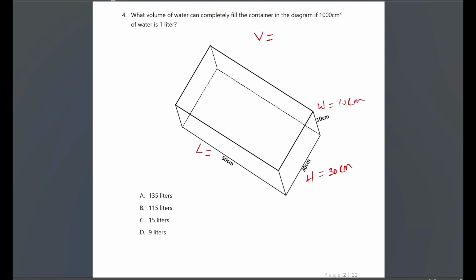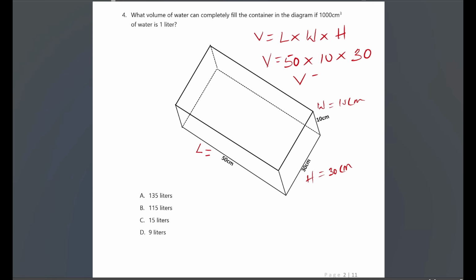And we know that the volume of a box is given by the formula length times the width multiplied by the height. So the length we have 50 centimeters, the width we have 10 centimeters, and the height we have 30 centimeters.